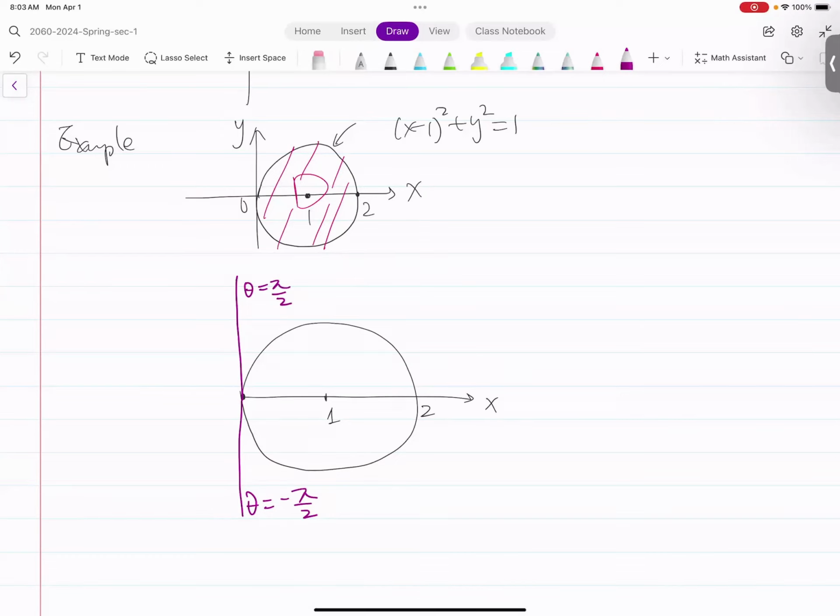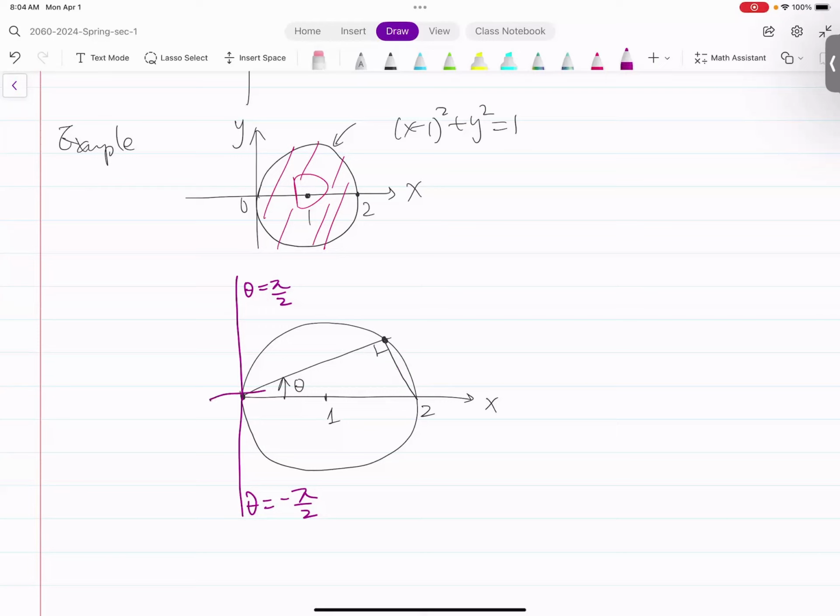Now, in general, if you just draw a ray going through the origin, this is the angle theta. And then we want to determine the length of this adjacent edge of the triangle. This angle right here is facing the diameter of the circle, so that tells you this is pi over 2. So this is a right triangle, and we are looking at the adjacent edge.